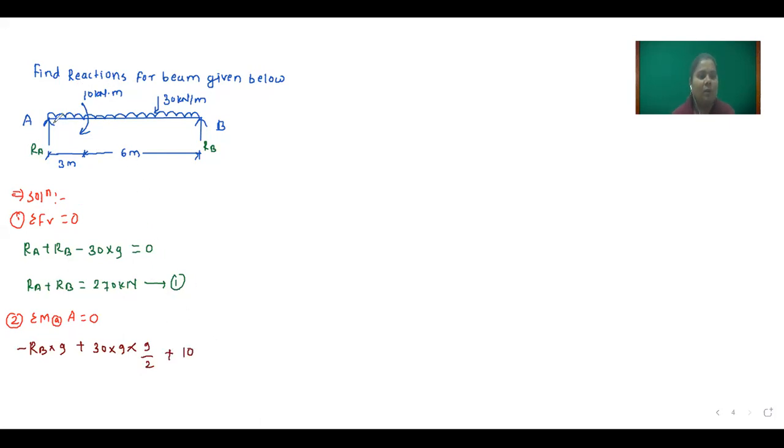Do we need to multiply by a perpendicular distance for this 10 kilonewton meter? No, because the moment is already given. Moment means force into perpendicular distance, so if a moment is given, take it as it is whenever you calculate summation of moment at any point, which equals 0. Now we will shift minus 9 RB to the right side and continue.